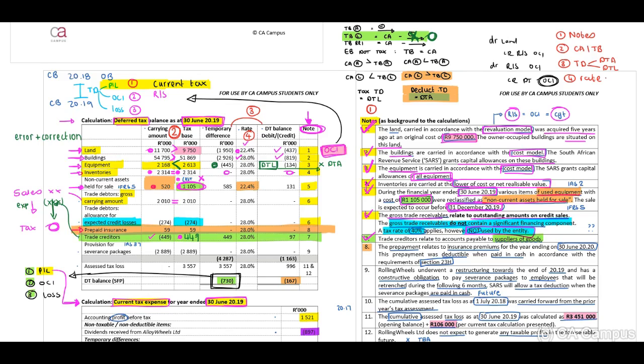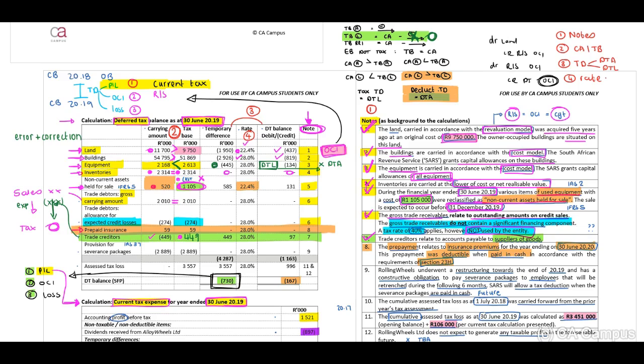It indicates as the prepayment relates to insurance premiums for the year ending on 30 June 2020. This prepayment was deductible when paid in cash in accordance with the requirements of section 23H. Okay, so guys, this is a prepayment. What is our basic principles? We've read the note.